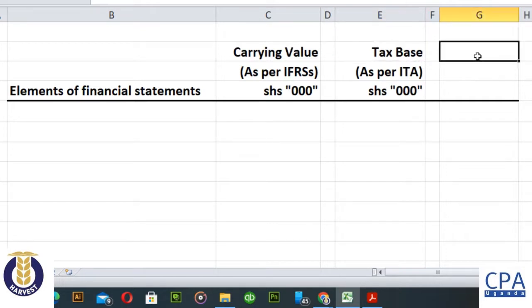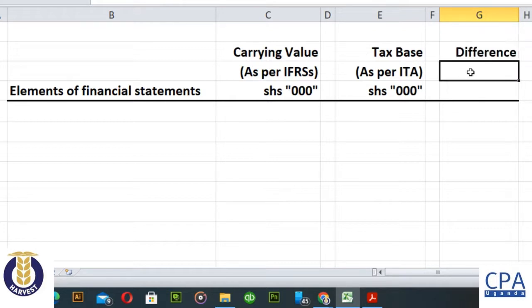So, as we mentioned in our discussion, because International Accounting Standards and the tax law give various ways of computing the amounts that are supposed to be included in the financial statements, there's going to be a difference created between the two amounts.